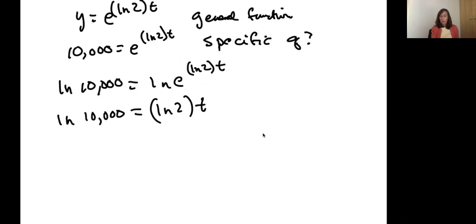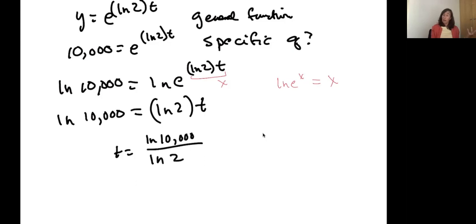That's the equivalent of the x here in the claim that the log of e to the x is x. Okay, so same logic that we've been doing multiple times. So we say that t is the log of 10,000 divided by the natural log of 2.